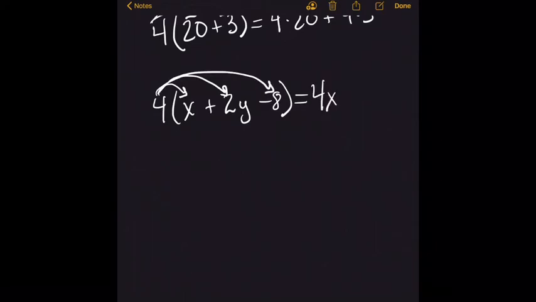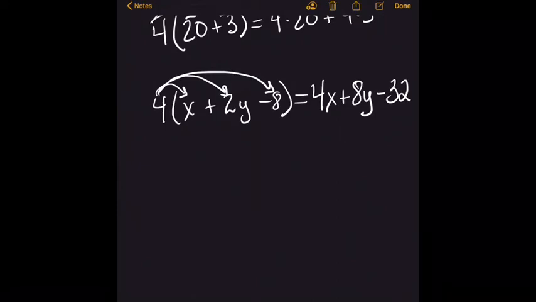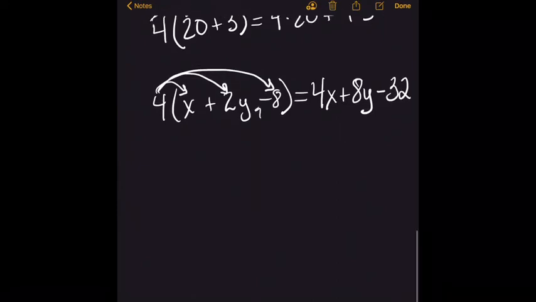Okay, 4x plus 8y minus 32. Okay, and why is it minus? Because this negative sign right here goes with that 8. It's attached to the 8. So it's 4 times negative 8, which is negative 32.